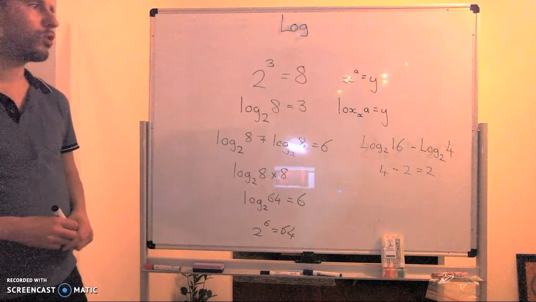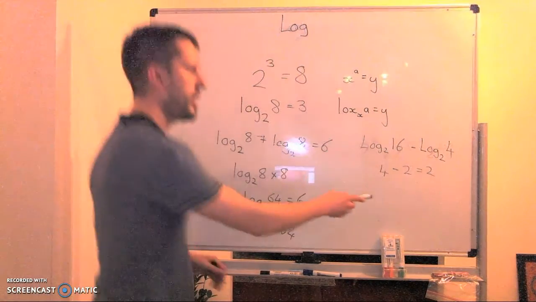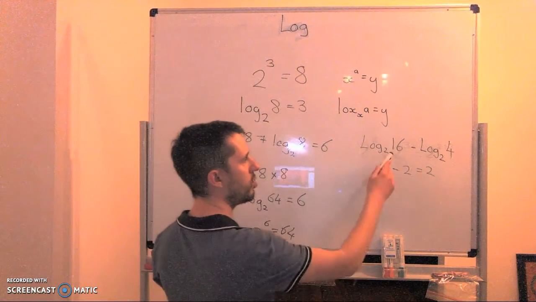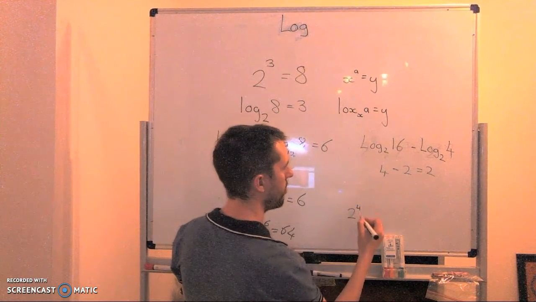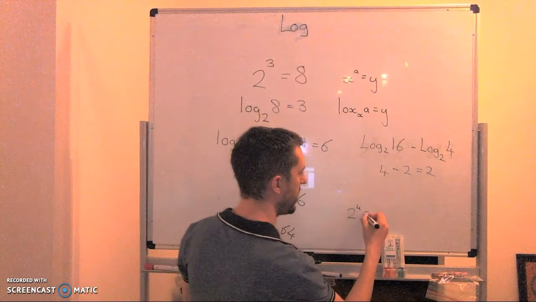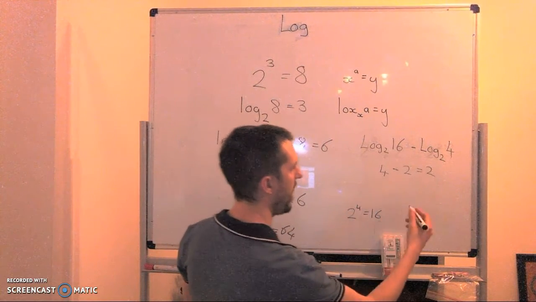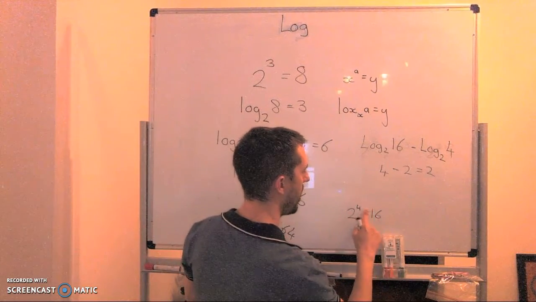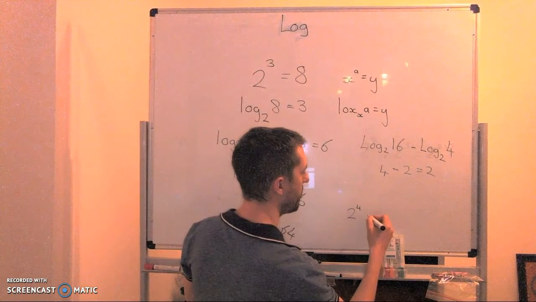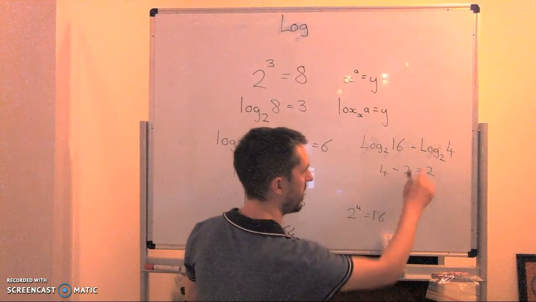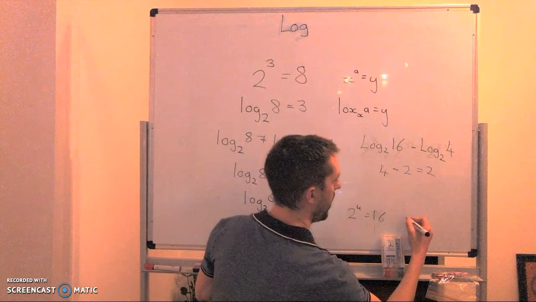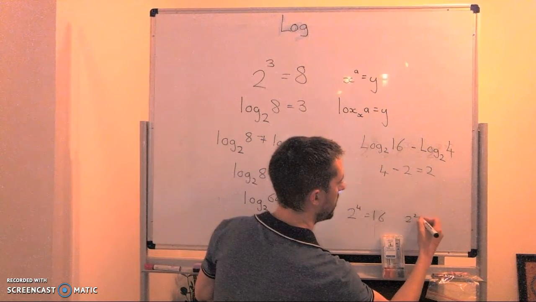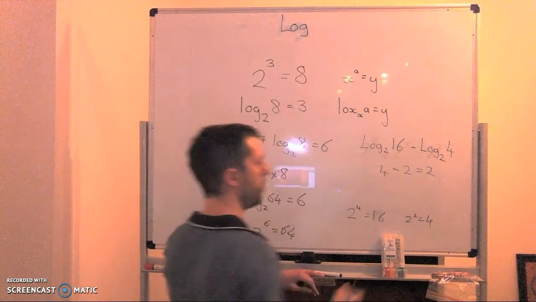And then we're going to look at that relationship. So here, I can see 2 to the power of 4 is going to be equal to 16. And I am saying log base 2 to the power of 2 is equal to 4.